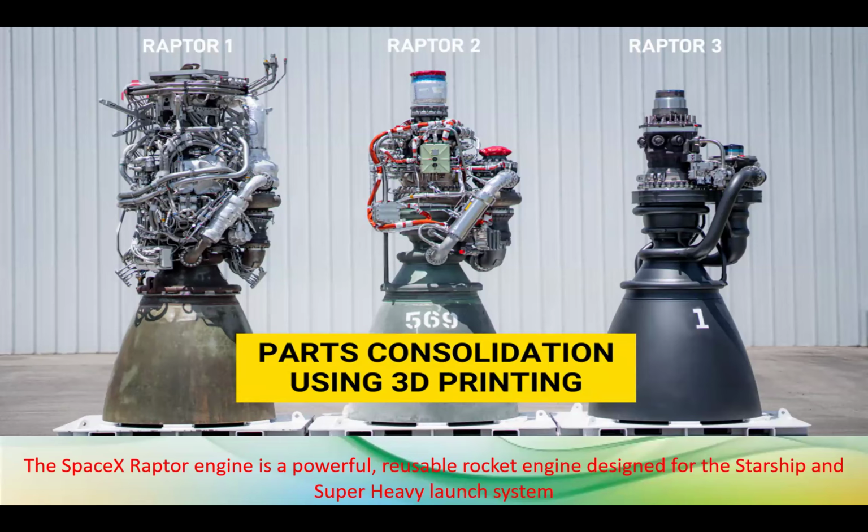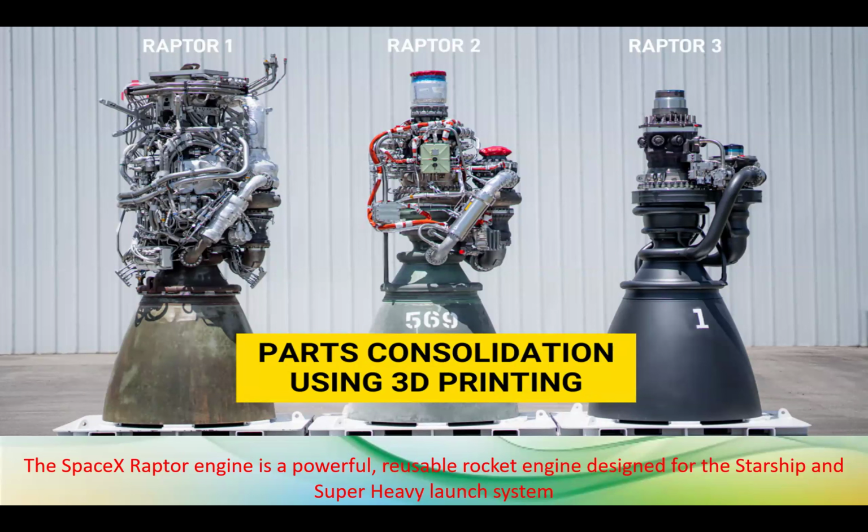See the interesting thing. These are three versions of the same rocket engine, and the Raptor 3 engine is completely 3D printed. See, in the Raptor 1 engine, n number of tubes and components were there, but in Raptor 3, which is completely 3D printed, only limited components are there.